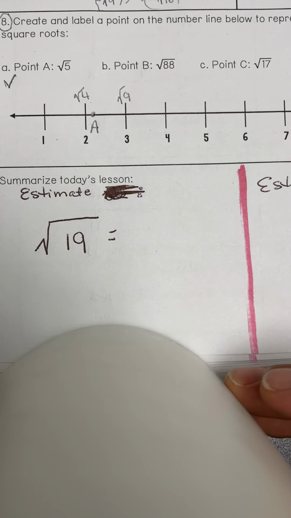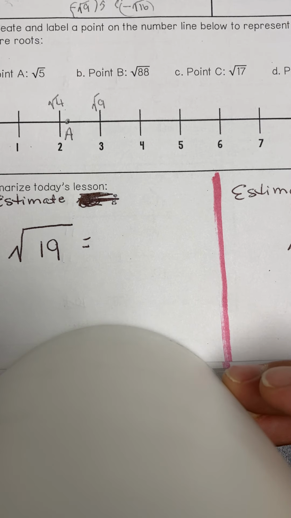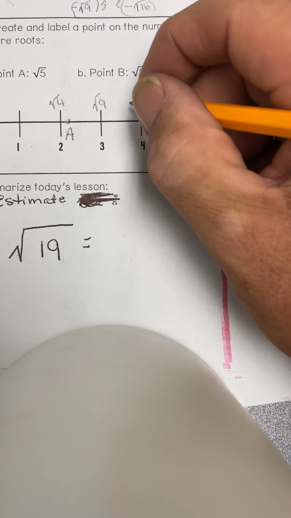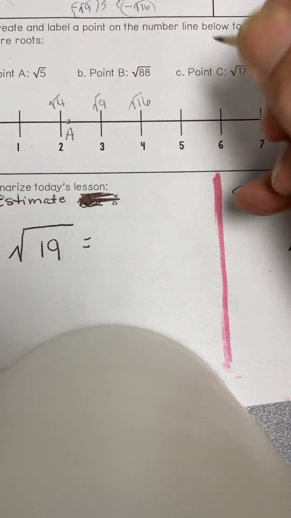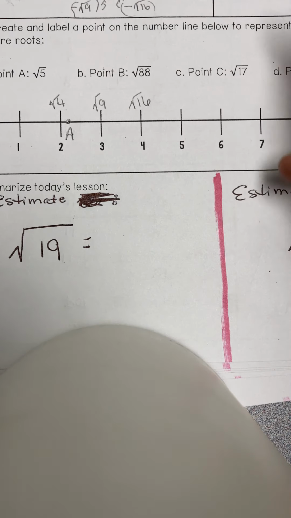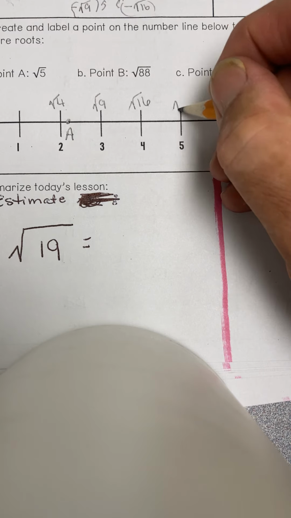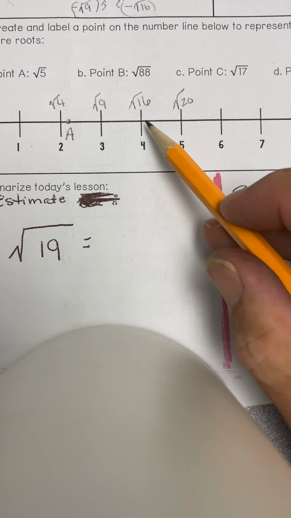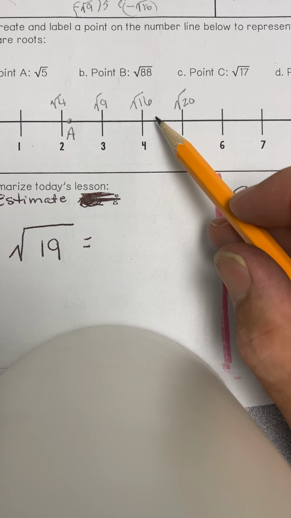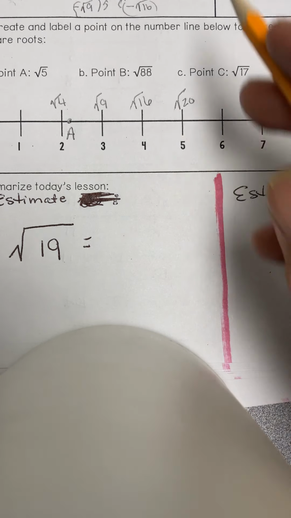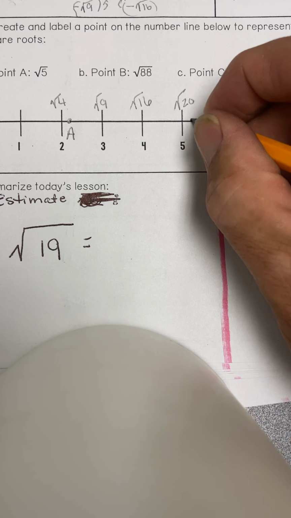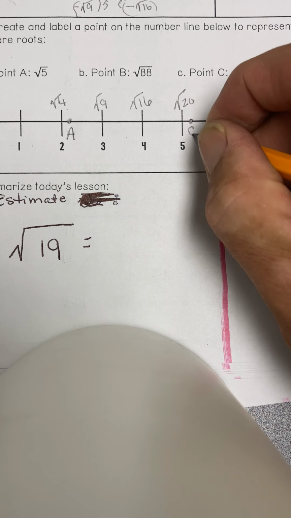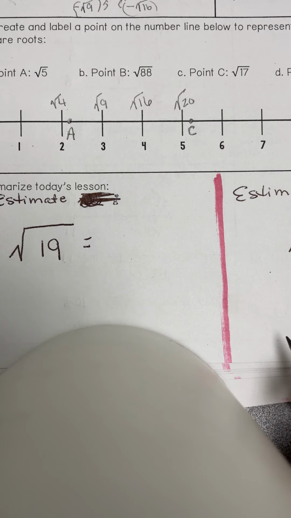I'll do C. So let's see. 4 would be the square root of 16. 5 would be the square root of 20. So where would the square root of 17 be? Well, it'd be pretty close to 16. So point C would go right there.